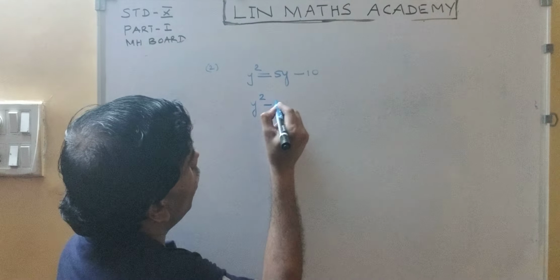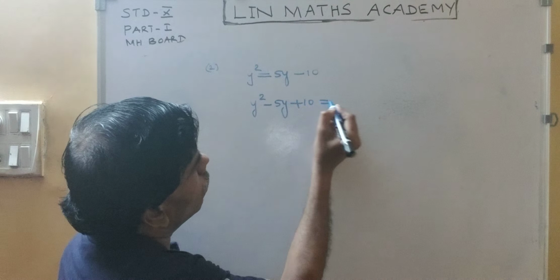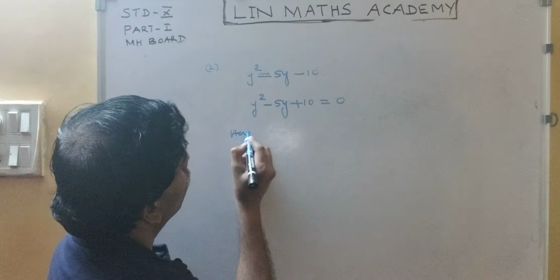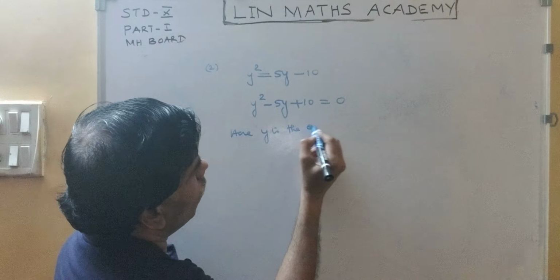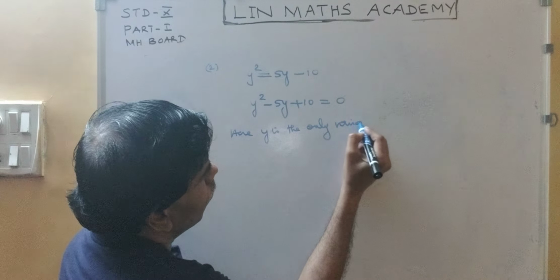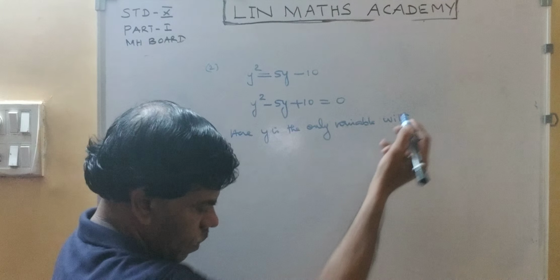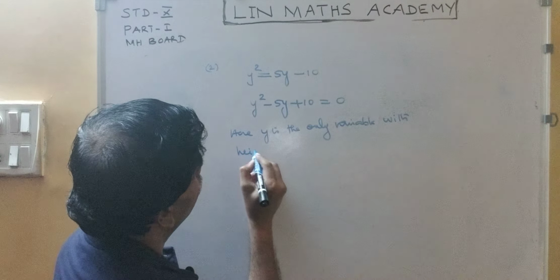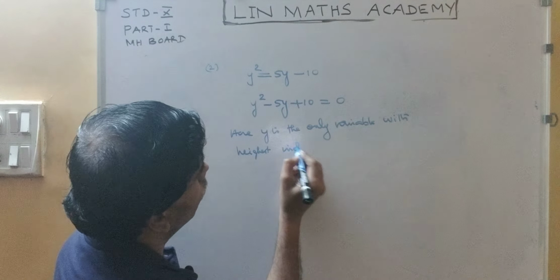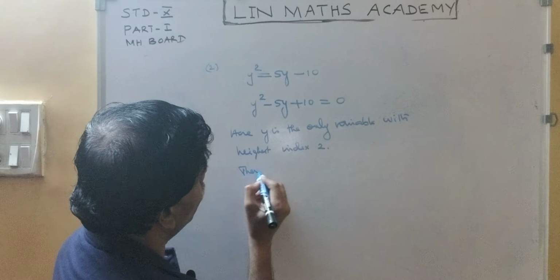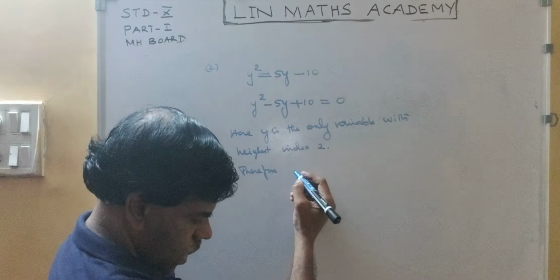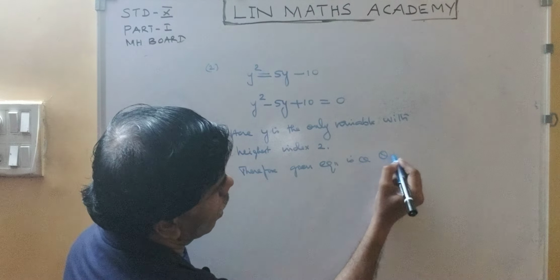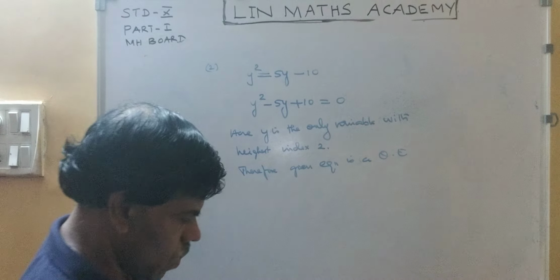So, y square minus 5y plus 10 equal to 0. Here, y is the only variable with highest index 2. Therefore, the given equation is a quadratic equation. Okay.